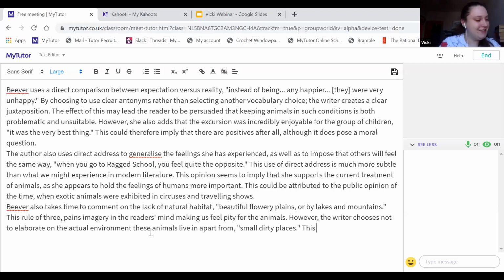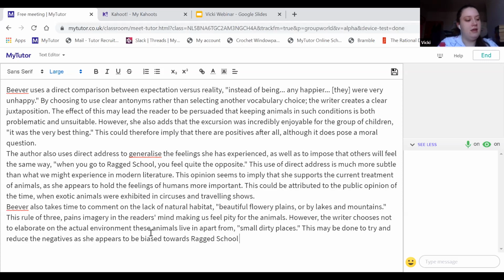I love a good challenge. So this may be done to try and reduce the negatives as she appears to be biased towards ragged school and the enjoyment it evokes.